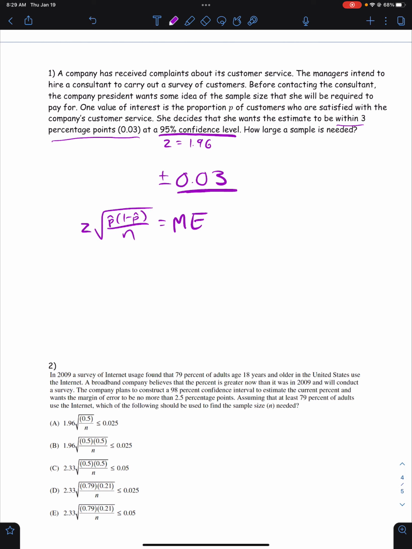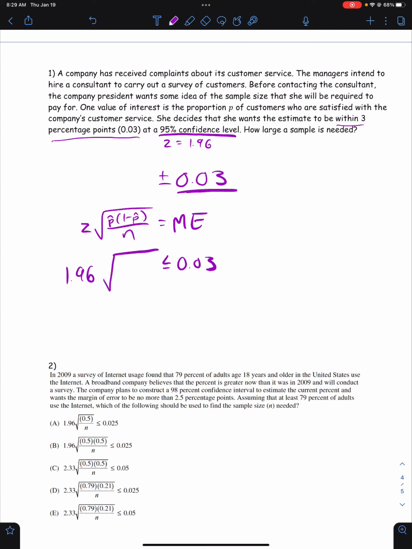So we want our margin of error to be within 3 percentage points, so we want to use an inequality. That means our margin of error is going to have to be less than or equal to 0.03. Our z-score is 1.96. We're trying to figure out how large a sample needs to be within 3 percentage points. Our p-hat value, does it give us anything in here?